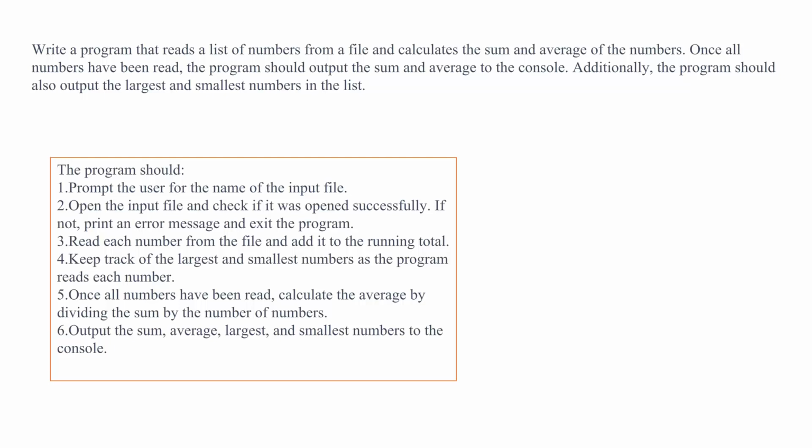Fourth, keep track of the largest and the smallest numbers as the program reads each number. Fifth, once all numbers have been read, calculate the average by dividing the sum by the number of numbers. Sixth, output the sum, average, largest, and the smallest numbers to the console.